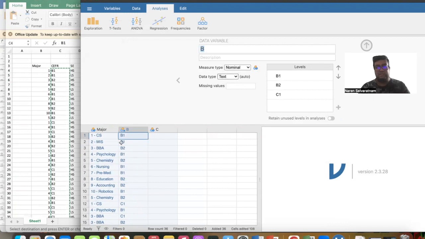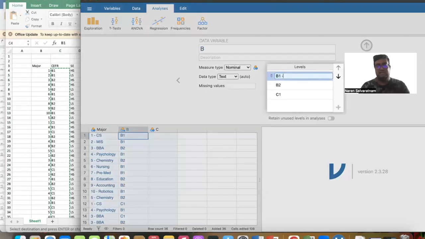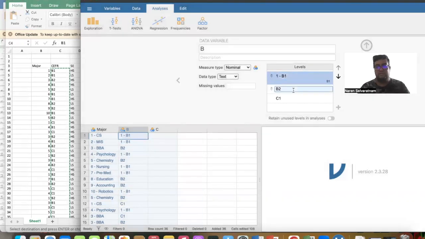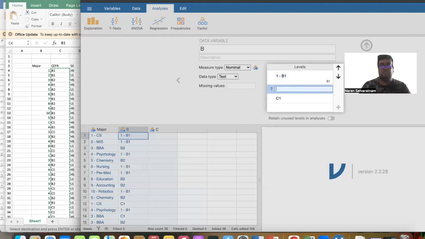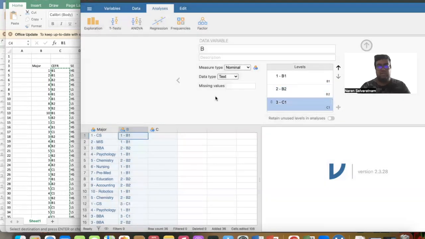Now, the analysis might probably not run if that's the case, but anyways, that's okay. I'm going to just label these. Sorry, one is B1, like this. 2 is B2, like this, and then 3 is C1.